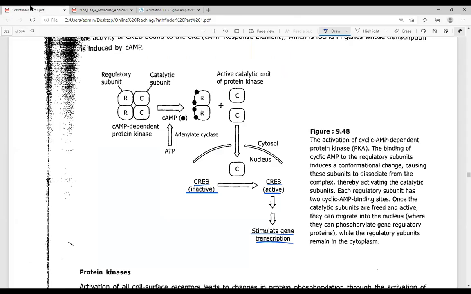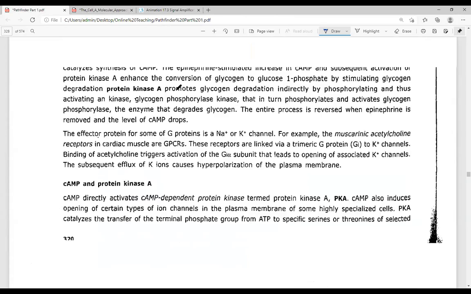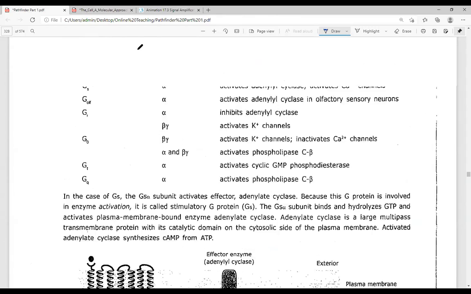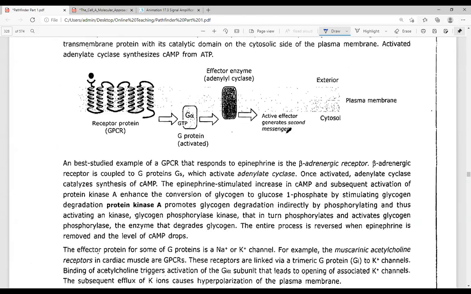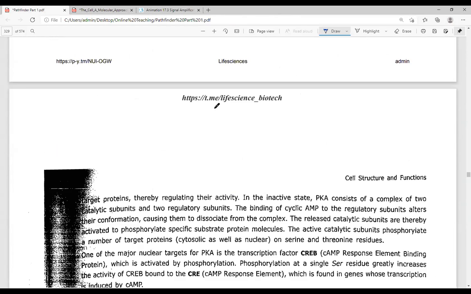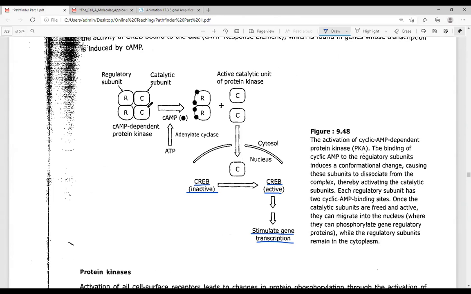Now, similarly, you can find the same type of cell signaling taking place here in the pathway. Receptor binding causes the activation of the adenylate cyclase enzyme. Once adenylate cyclase gets activated, it leads to the formation of cyclic AMP. Cyclic AMP will bind to the regulatory subunit, and the catalytic subunits get separated. It will bind to specific molecules called CREB, which stands for cyclic AMP response element binding proteins.